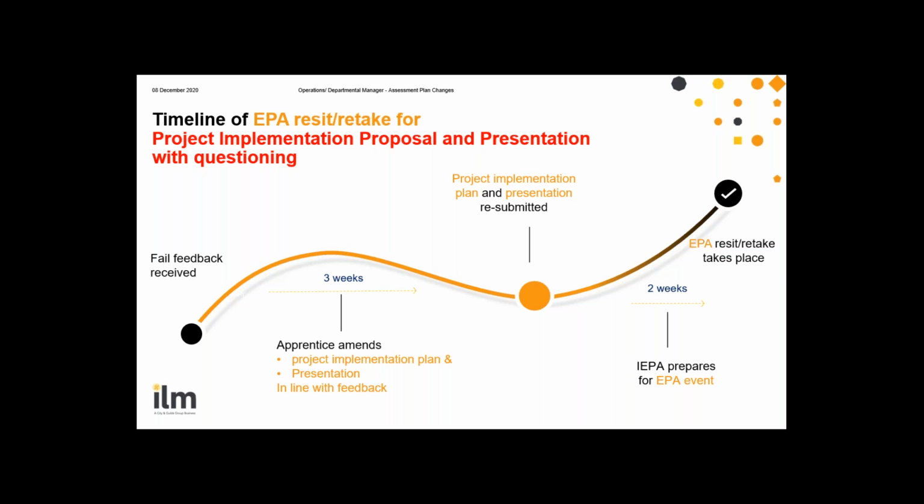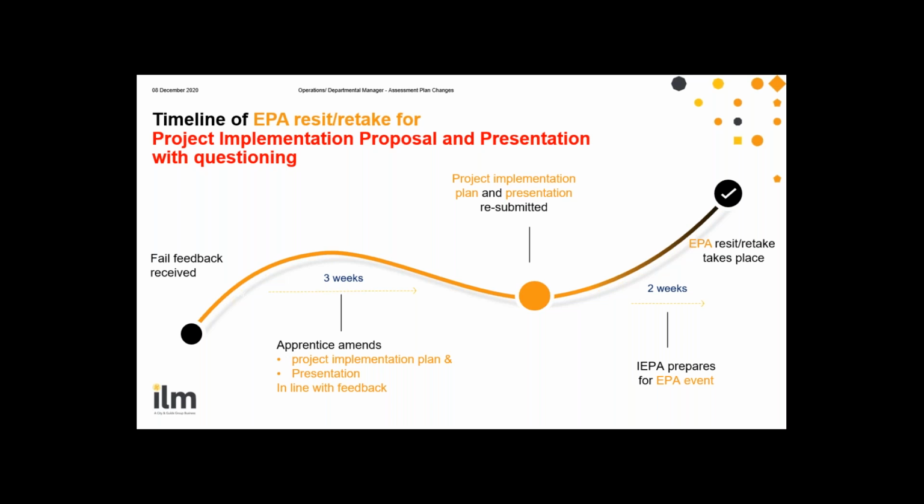From the time that you receive your fail feedback and establish whether a resit or a retake is required, once that is established, in any case, the apprentice will have 3 weeks to rework the project proposal and presentation and resubmit. So that 3 weeks is purely working on the project proposal and presentation and then resubmitting it.